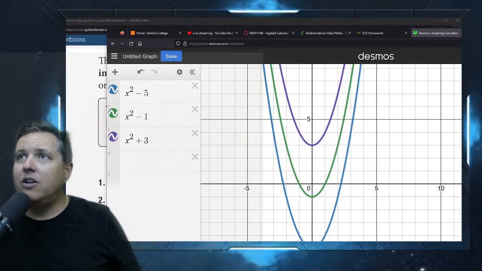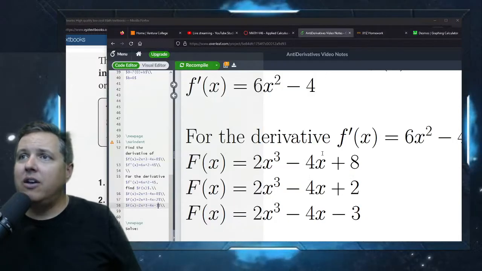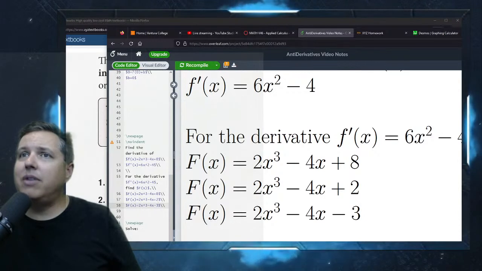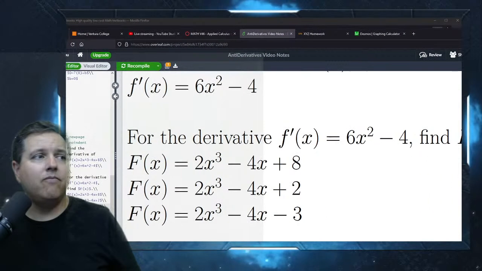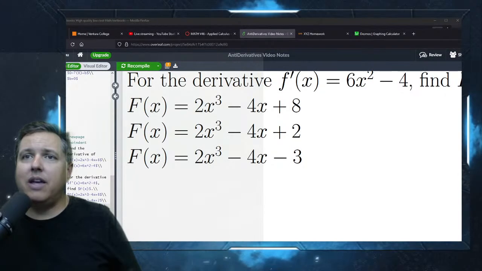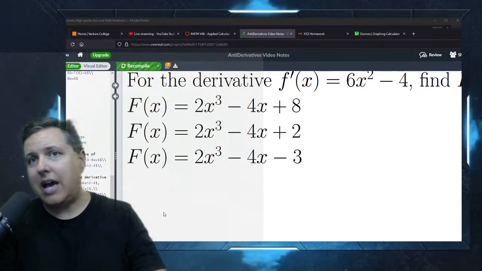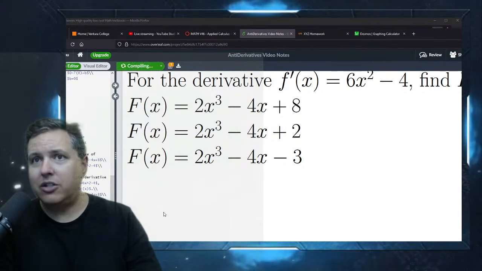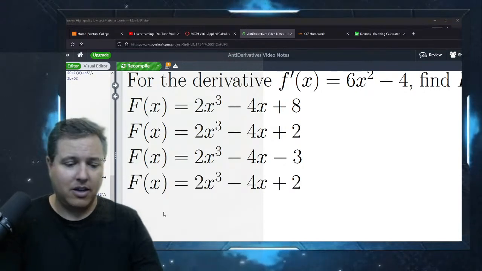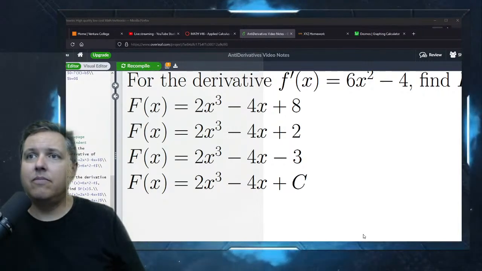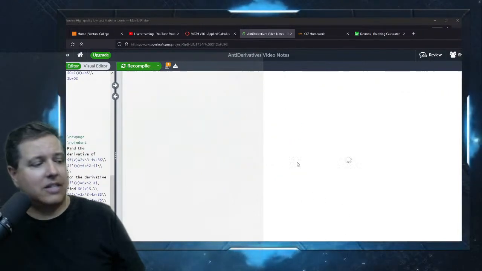So when we want to find capital F of x for a problem like this, the way we describe it is by saying capital F of x is equal to 2x cubed minus 4x plus c, this capital C.